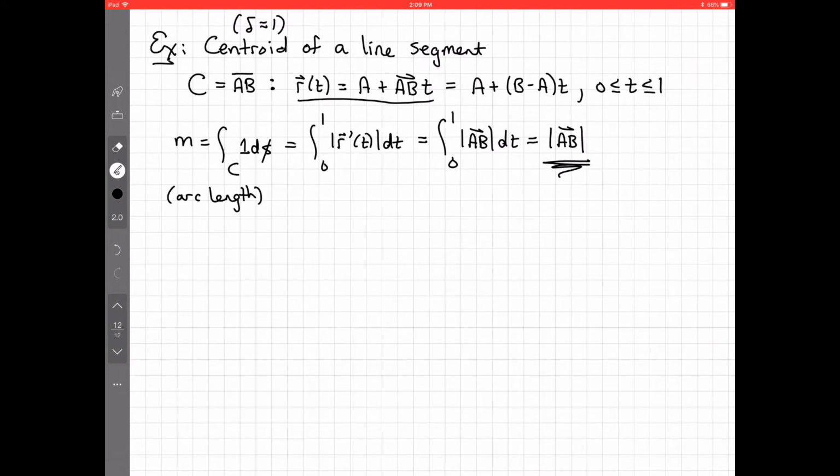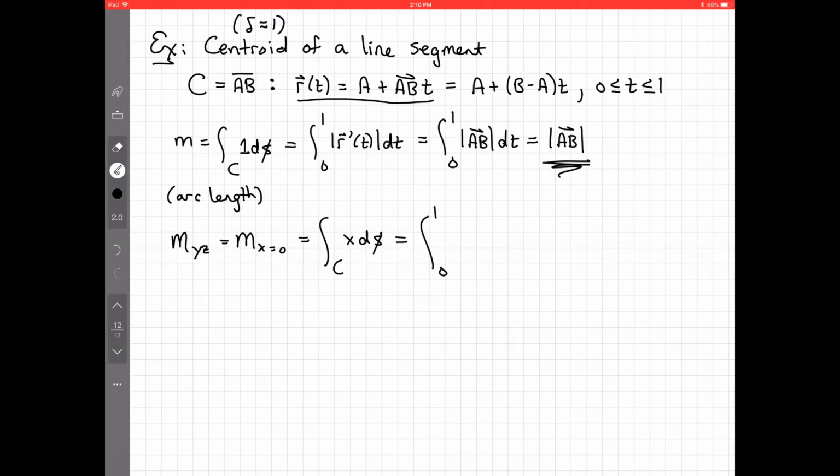Okay, now let's find our moments. So first, let's find the moment about the YZ plane, the moment about x equals 0. Again, keeping in mind we have constant density, this is just x ds. Now we need to integrate from 0 to 1, and here's where it's, if anything, just slightly tricky.